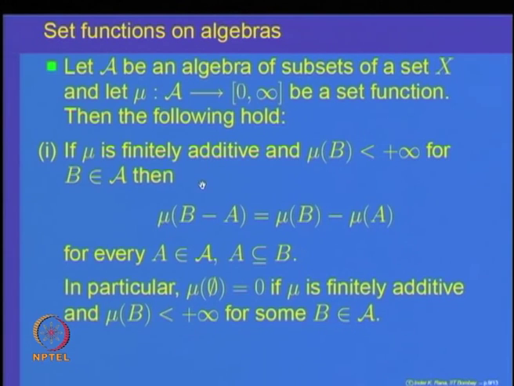What we are trying to show is, if a set function is finitely additive, what are the possible consequences? We showed finite additivity implies monotone, and if B is finite, then I can interchange and write mu of B minus A to be equal to this. Finite additivity plus mu of at least one set being finite implies mu of phi is equal to 0.